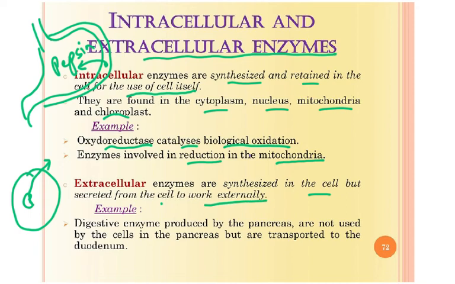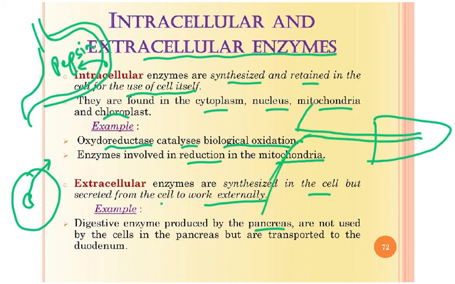An example they've given you is digestive enzymes produced by the pancreas, like trypsin, and the pancreatic amylase. They are not used by the cells in the pancreas but are transported to the duodenum. So this is the pancreas, and then there is this tube which opens into the duodenum. The cells of the pancreas make certain enzymes, but they are then thrown into this duct, and then they come here and work here.